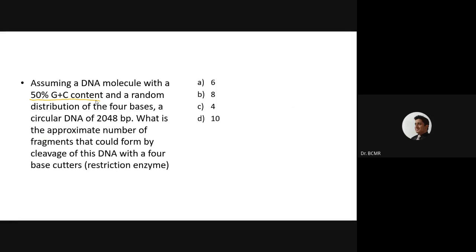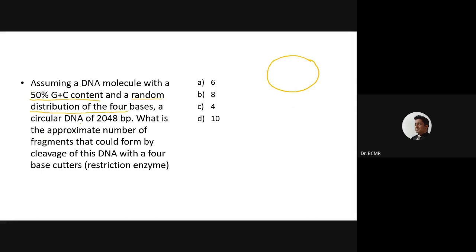Assuming a DNA molecule with 50% GC content and a random distribution of the 4 bases, a circular DNA. So anytime you have a question coming up, draw the diagrams, think on paper all the time. That is always the best thing.